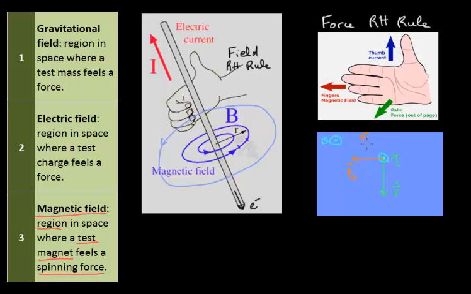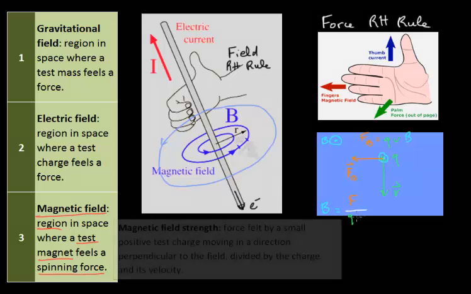And the relationship between this magnetic force and the other variables is F equals QVB times the sine of the angle between V and B, but here V and B are perpendicular, downward versus out of the page. So I'm left with the magnetic force equals QVB. Therefore, B is equal to the force divided by the product of Q and V.